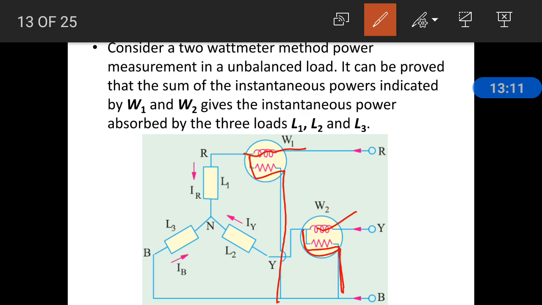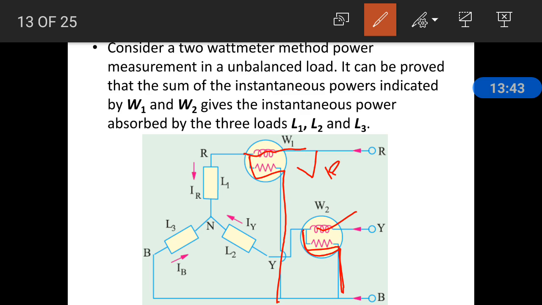The wattmeter gives the product of the current in the current coil and the voltage across the potential coil, multiplied by the cosine of the angle between voltage and current, VI cos phi. So here W1 is connected across R and B, so its potential difference is the voltage VRB.